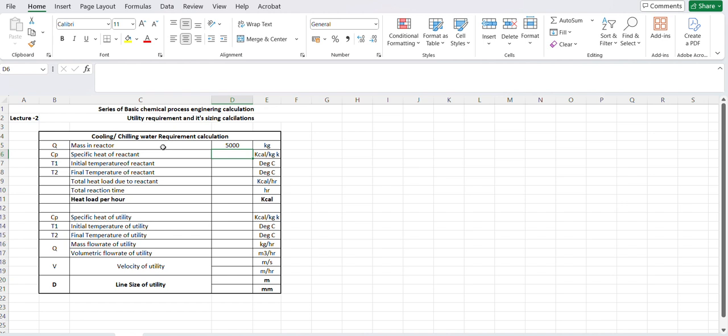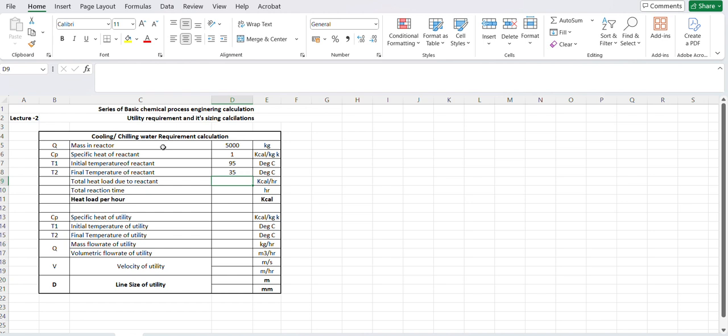Here we assume that the specific heat is equivalent to water. For the calculation purpose, we consider the initial temperature of the reactant to be 95 degrees Celsius, and we have to bring it down to room temperature, which we can say is 35 degrees Celsius.